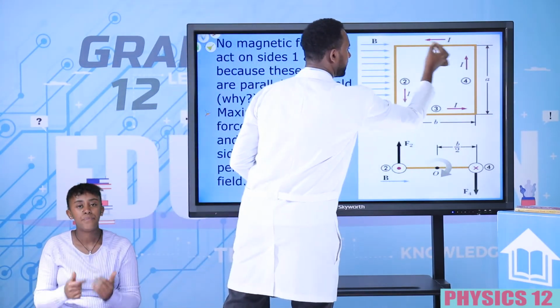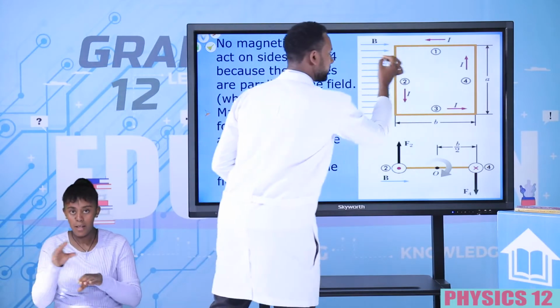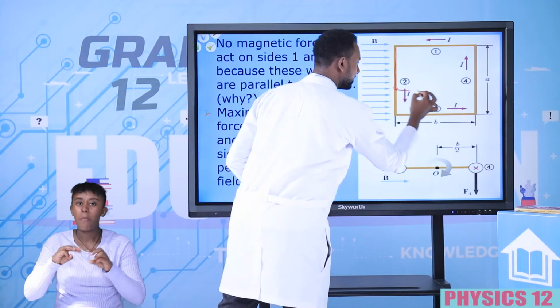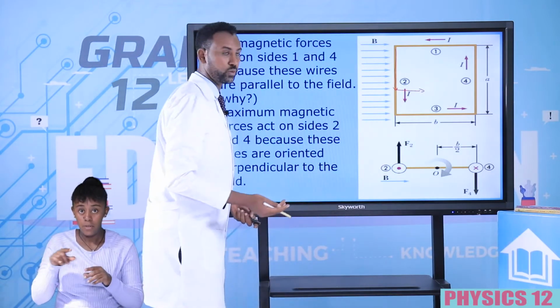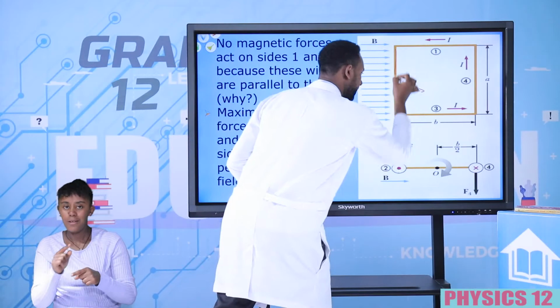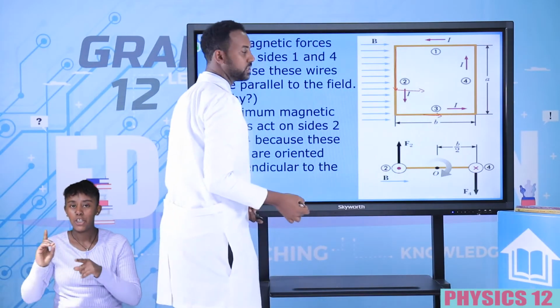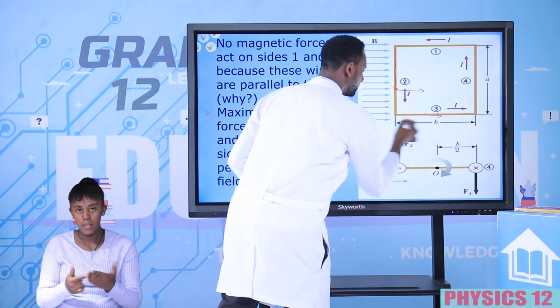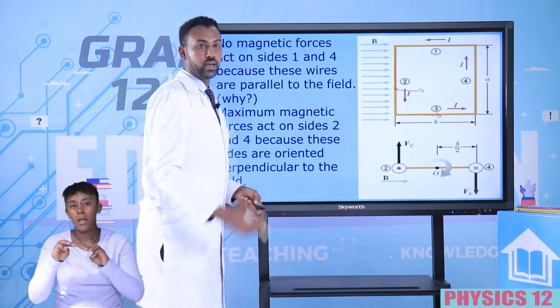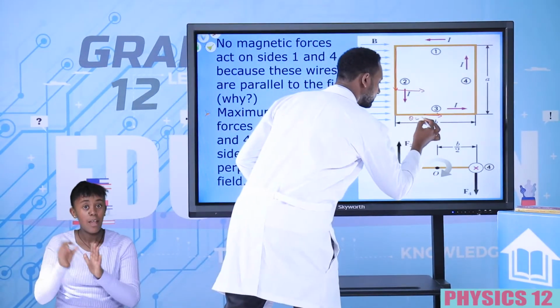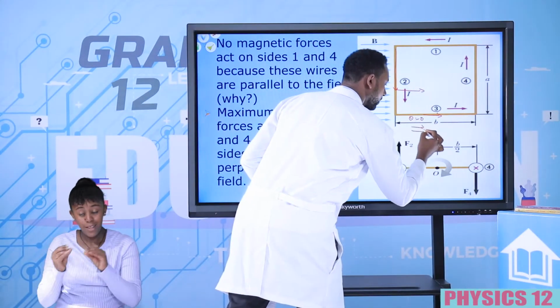So let's see this one. In this case, the current and the magnetic field are opposite. In this case, the current is moving downward, but the magnetic field is acting in this direction. They are perpendicular to one another. And in this case, the current comes here and moves in this direction in the third segment. So the current is acting in this direction, and the magnetic field is acting in the same direction. So in this case, theta is 0, since they are acting along the same direction.